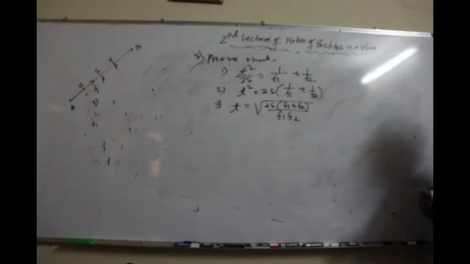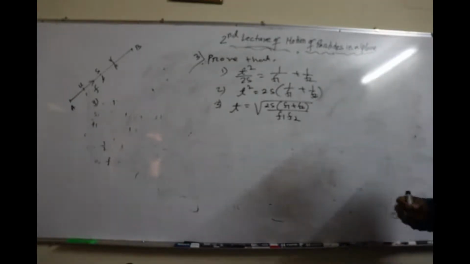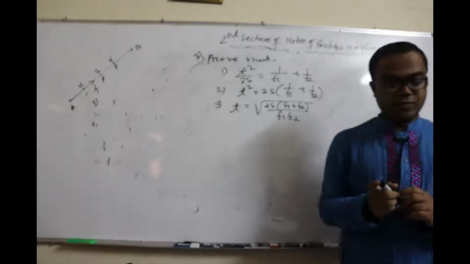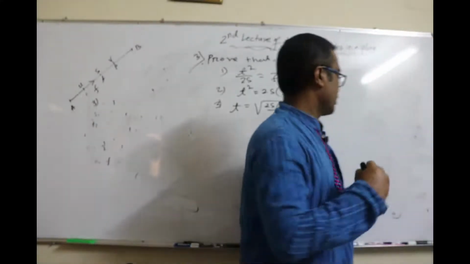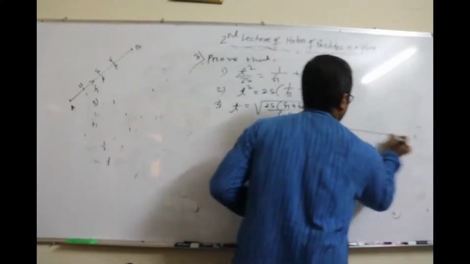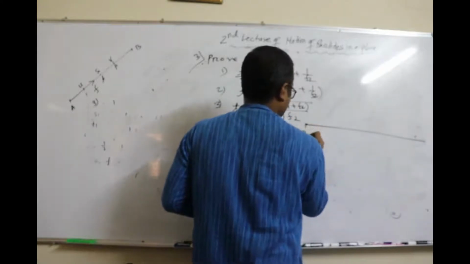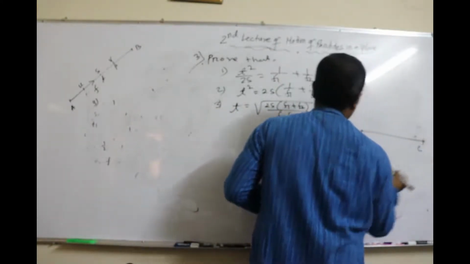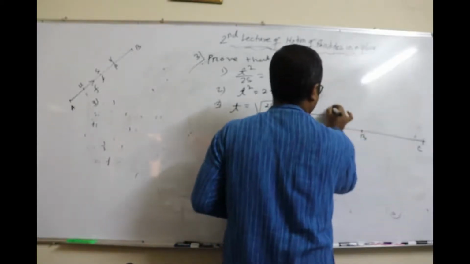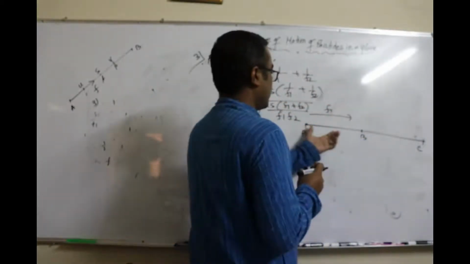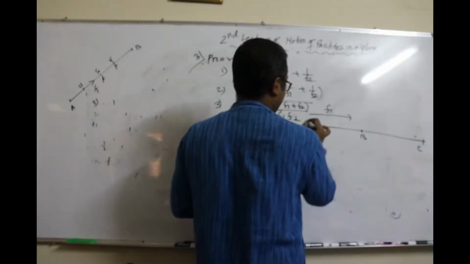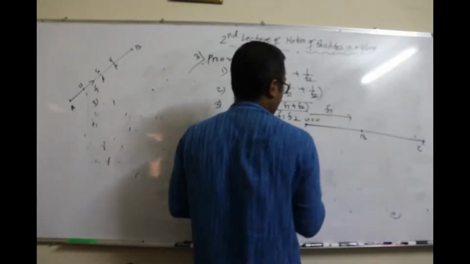Clear, my dear student? Now we can write down the figure like this: A to B, B to C. Here A to B, this and C. So here uniform acceleration f1, A to B, this one uniform acceleration, that time initial velocity u equal 0.